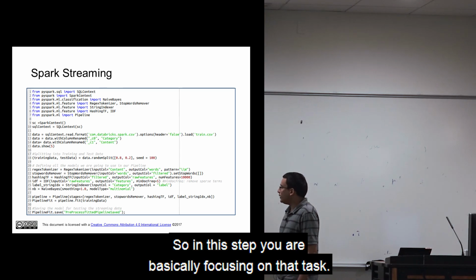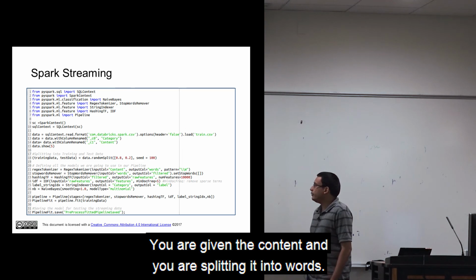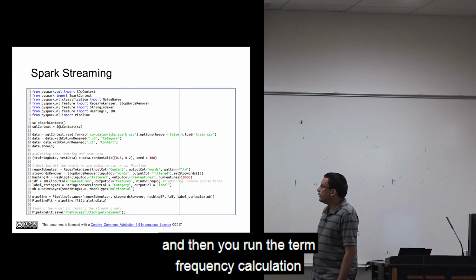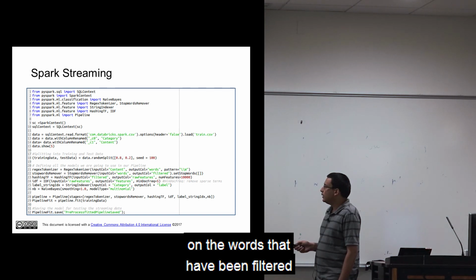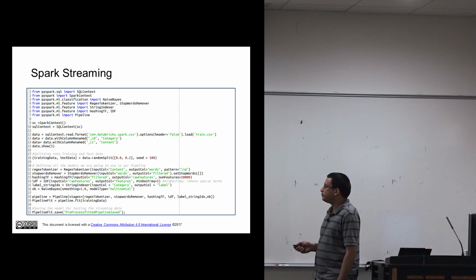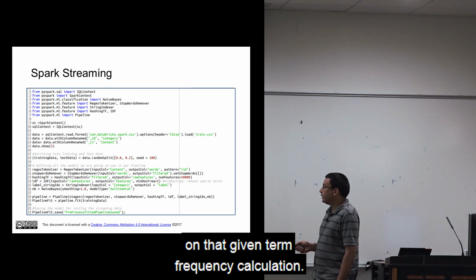You are given the content and you are splitting it into words. Then you remove the stop words, and then you run the term frequency calculation on the filtered words. Then you run the inverse document frequency on the given term frequency calculation.